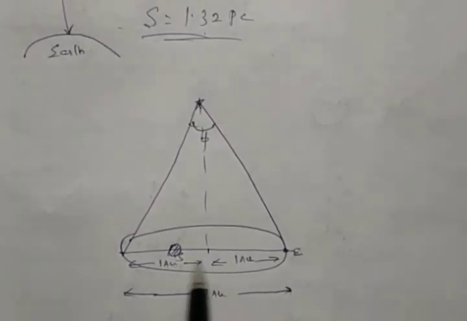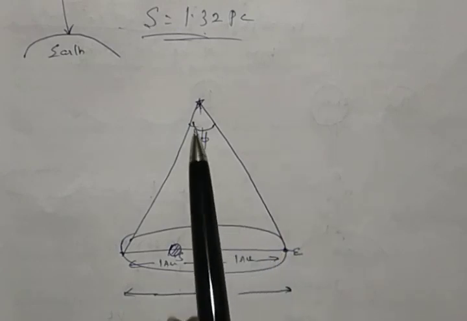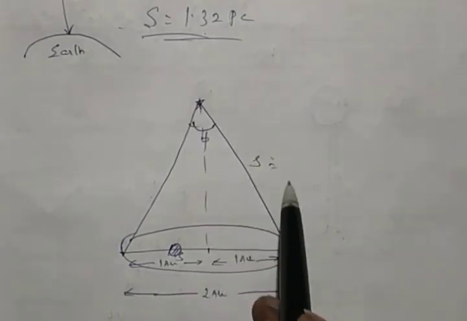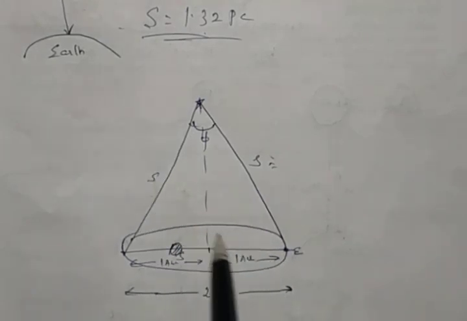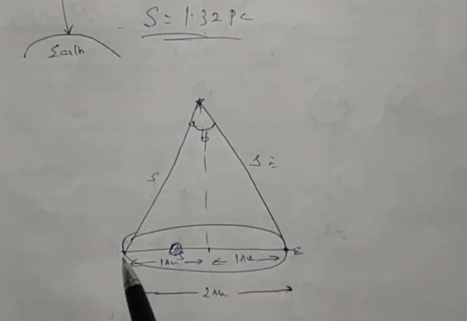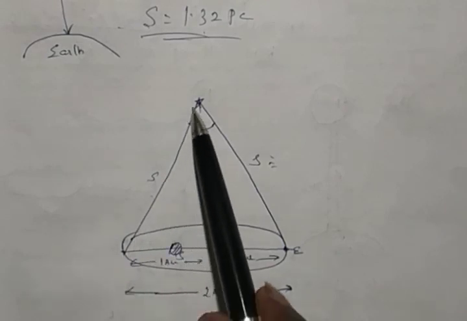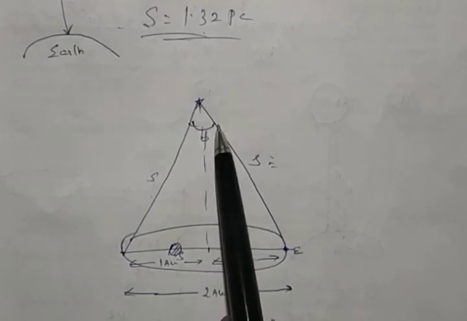So it means the Earth is here and the nearby star is here. This is the distance they have calculated here, and the same distance is also here. From here they are seeing this particular star. After 6 months down the line, Earth goes to the next side and again they are viewing the same star. But what they were able to find out is there is an angle it makes here.